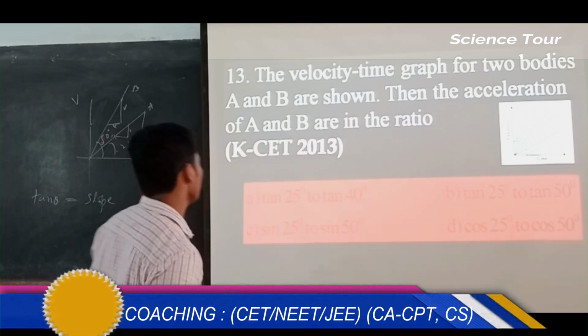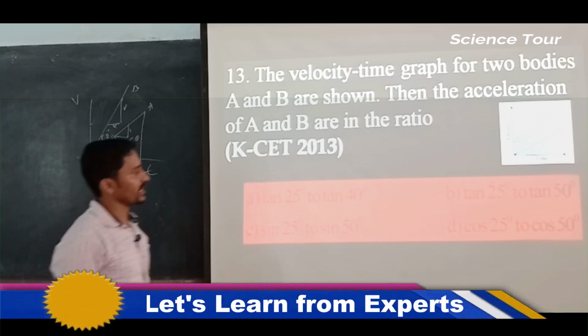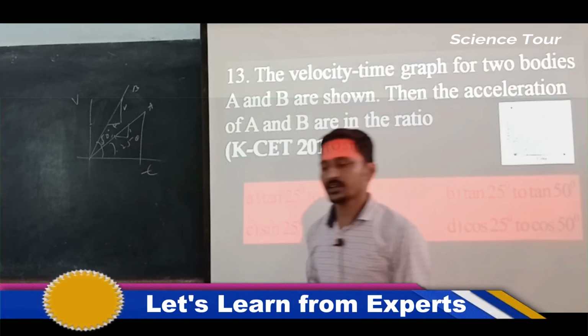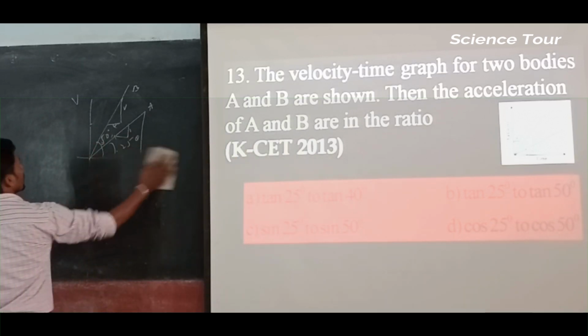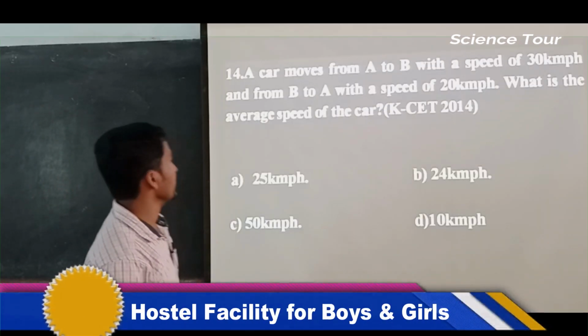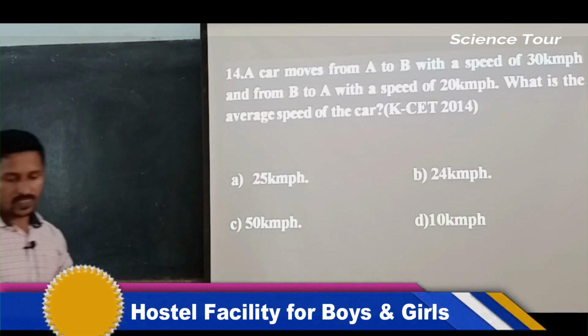So tan of 25 degree and tan 50 degree, that is the A, B option. Go to the next question, that is the 40th one.